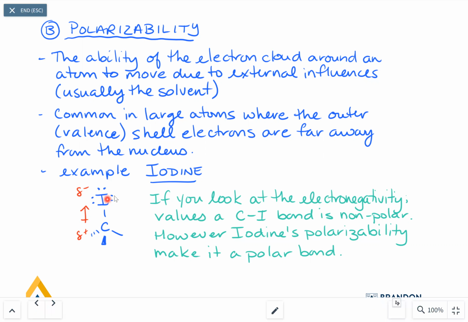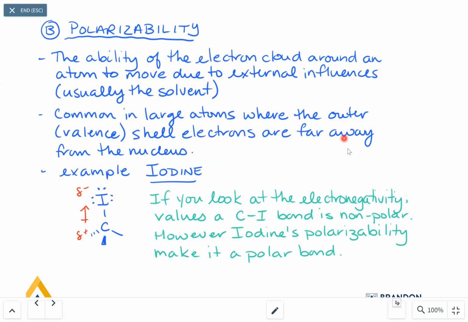So a similar trend happens with regard to an atom's polarizability as you go down the periodic table. The valence electrons of iodine can be influenced by solvents and external influences, so they can shift around to different places.